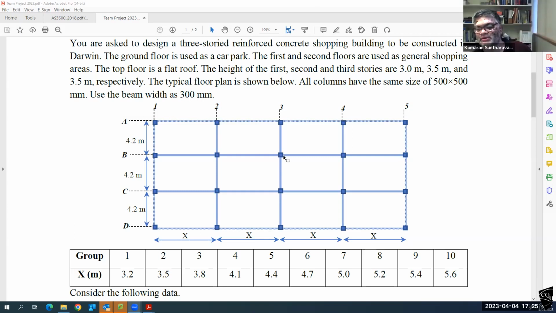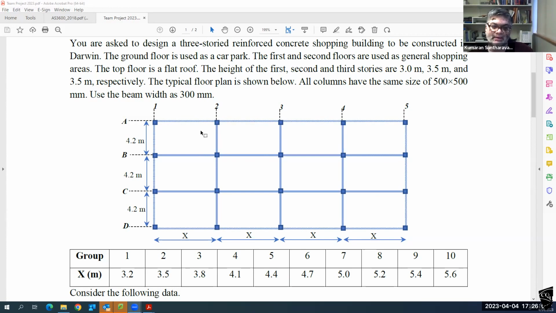The whole length is a little less than 16 meters. Technically you need to design this, but that doesn't mean you need to do each and every panel.